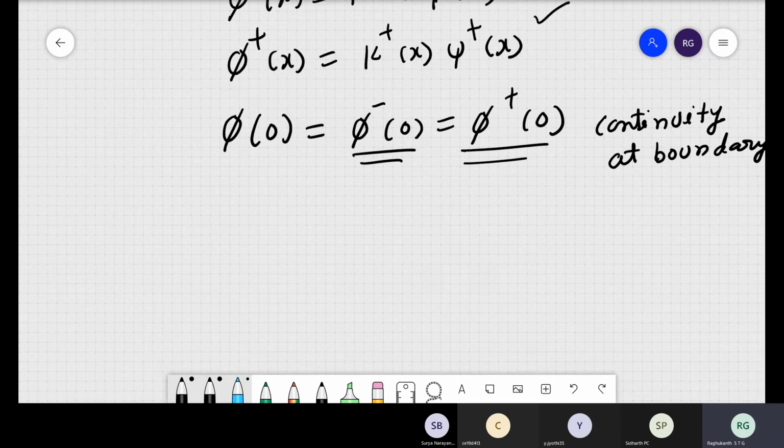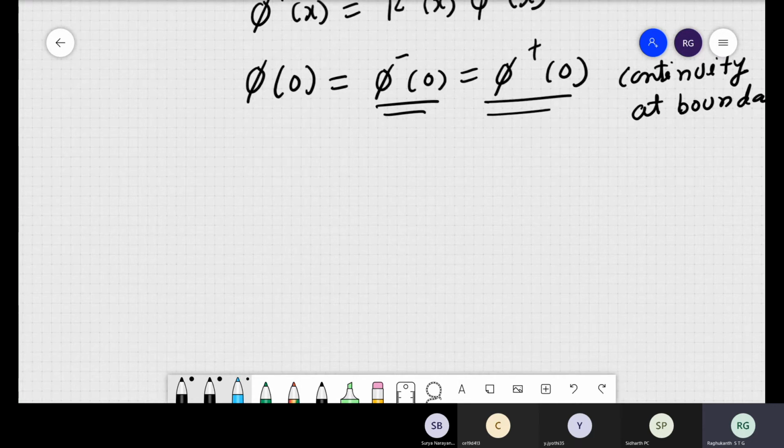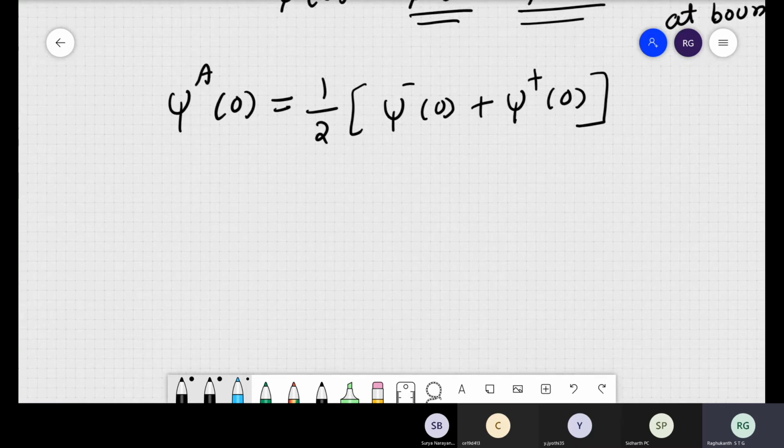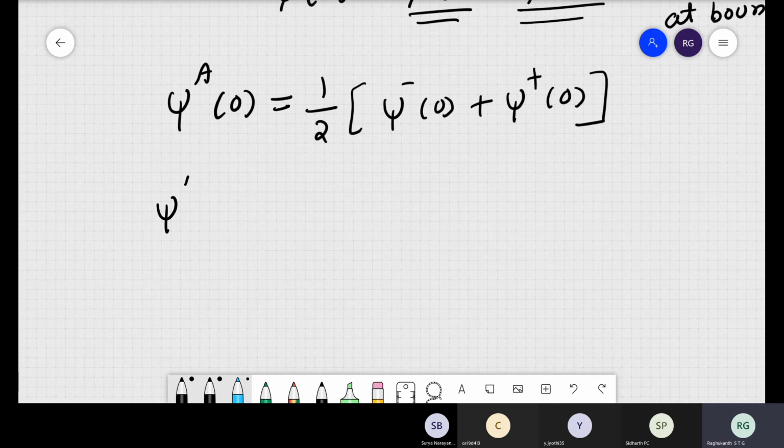For this boundary condition, what we try to do is define an average, that is, an arithmetic average for psi. So we define half of psi minus of 0 plus psi plus of 0. We define an average of your psi, then psi a of 0.